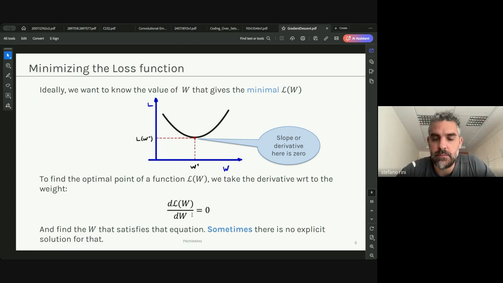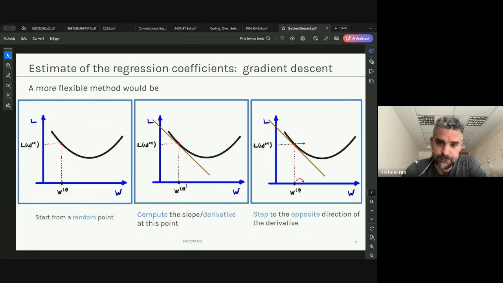Generally, this loss function as a function of the weights is going to be a very complex function, which is not going to be convex, which is not going to be easy to optimize. So, as we said last time, we want to use stochastic gradient descent to find the minimum numerically. The idea is as follows. We start from a certain set of weights, which are our omega 0.